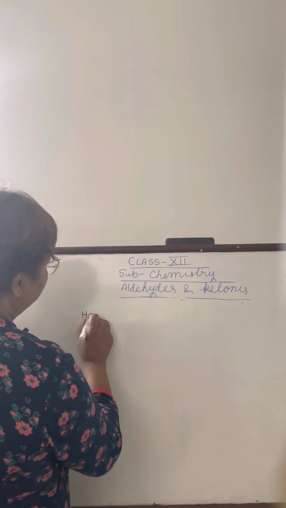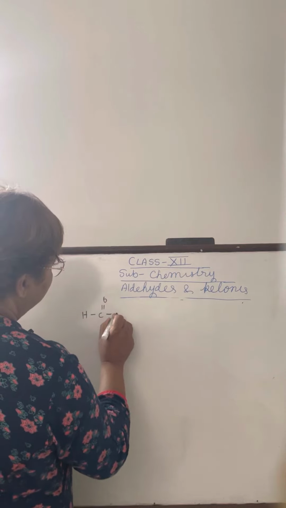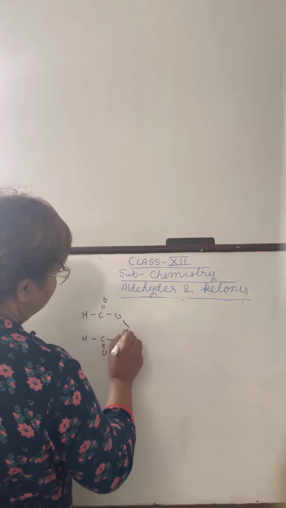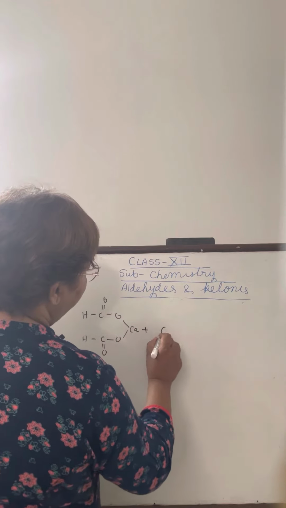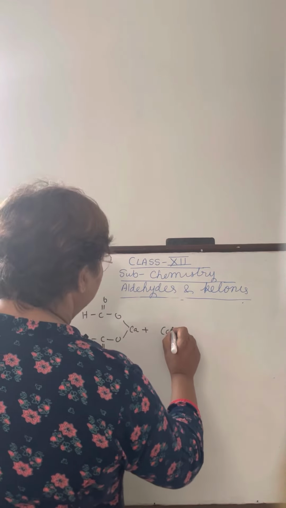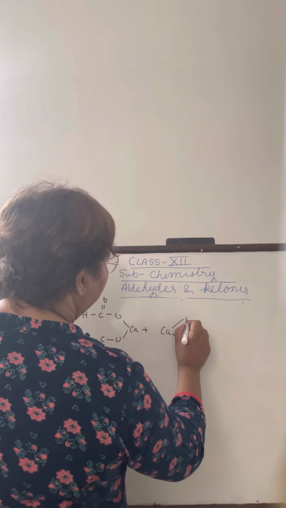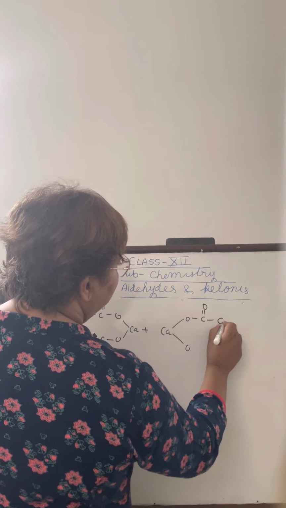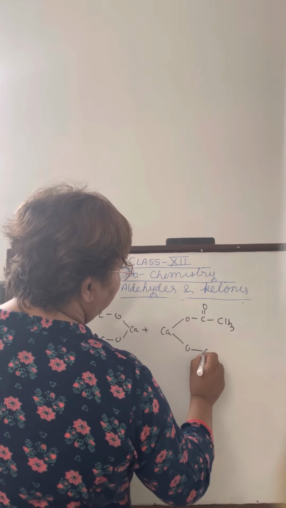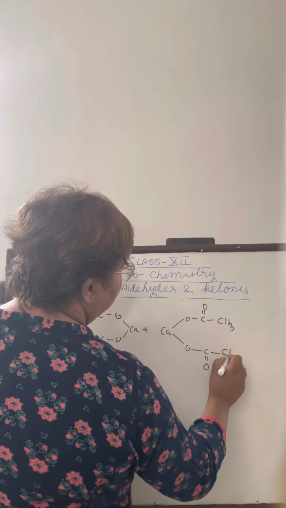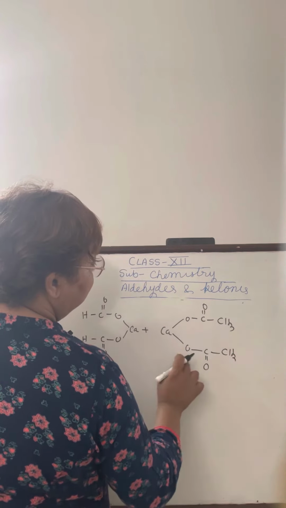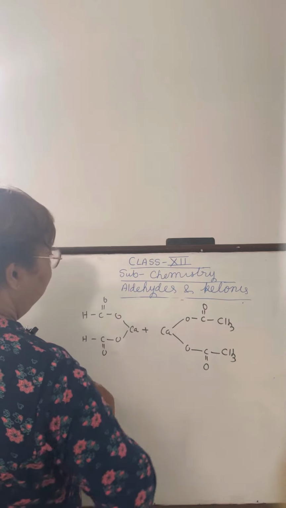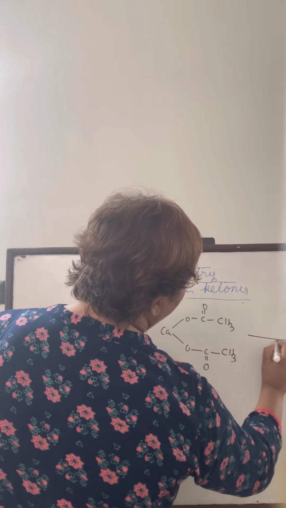First, we will be taking calcium formate, HCOO twice Ca, plus we will be taking some other salt, calcium acetate, (CH3COO)2Ca. This is calcium acetate. All right, so what happens on heating, dry distillation?